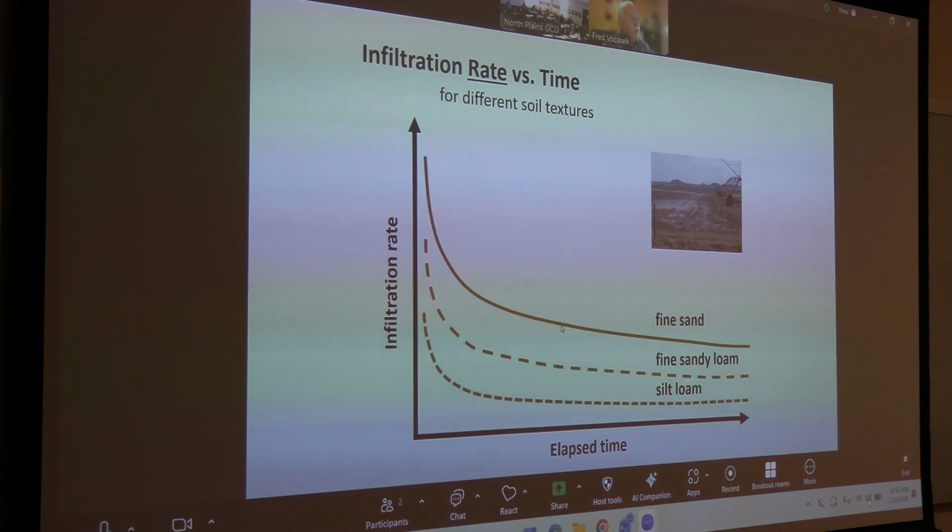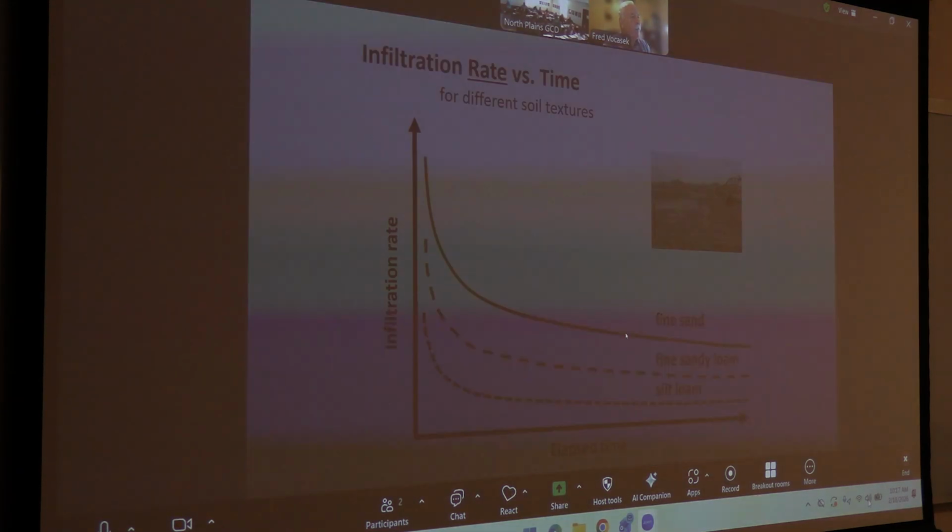And eventually we reach a point where we have kind of a steady state, where that infiltration rate, and I'm talking about what we observe at the surface of the soil, levels out. And as we increase the clay content, going from fine sand to silt loam, that total infiltration rate drops off. But it follows a real similar pattern. So we have rapid infiltration early on, and it drops off after a period of time, depending on the soil texture and some other things.